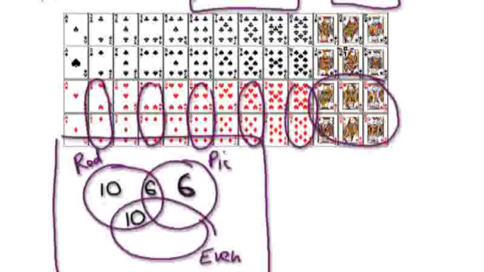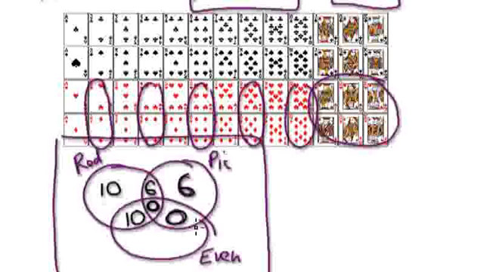There are no even picture cards, so this will be a 0 here. Are there any cards that are red, picture, and even? Well, no, this would be 0 here.